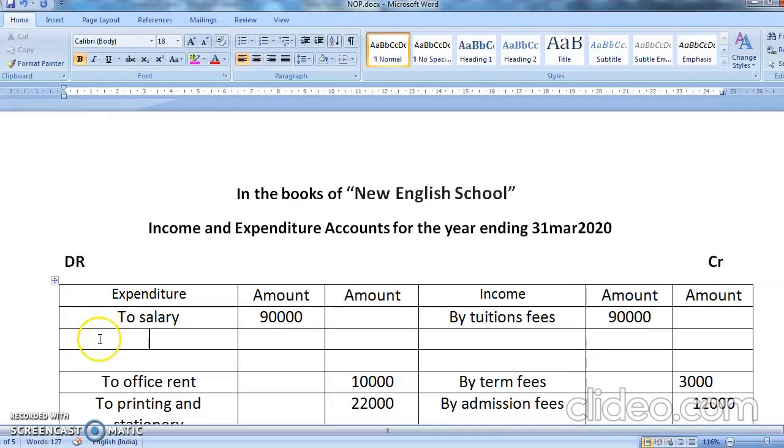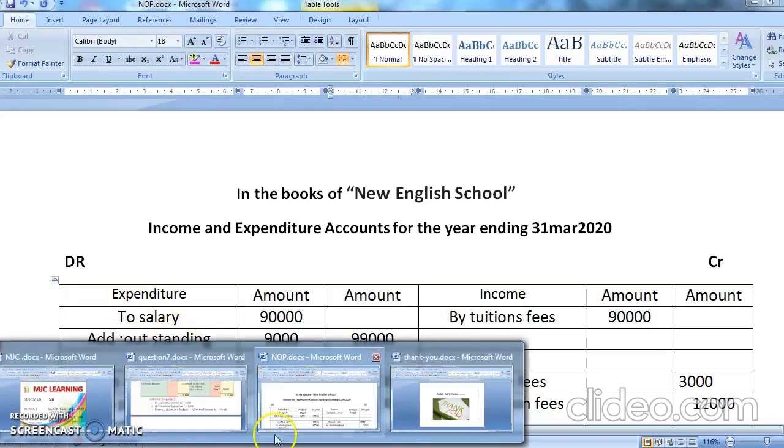So here add outstanding. How much is the outstanding? 9,000. So the total comes to 99,000.